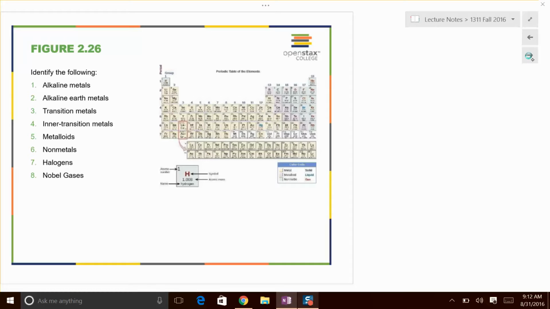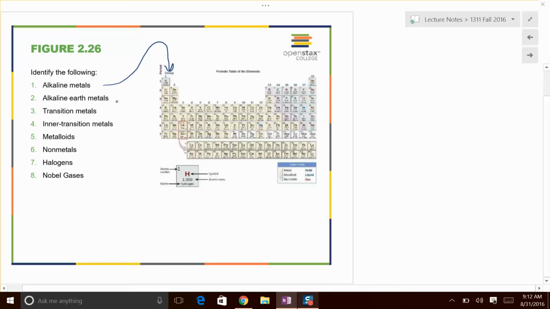We'll move helium over here sometimes, and leave it over there sometimes. But everything else besides that first top group: lithium, sodium, potassium, rubidium, cesium, francium. Those are the alkaline metals. That's that first group.